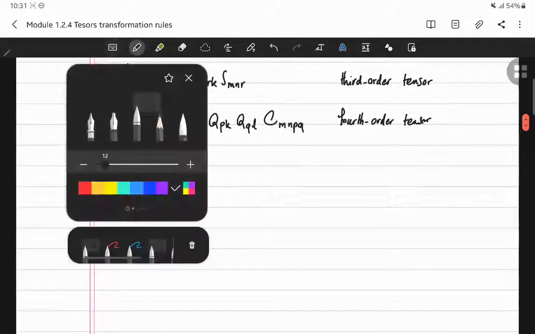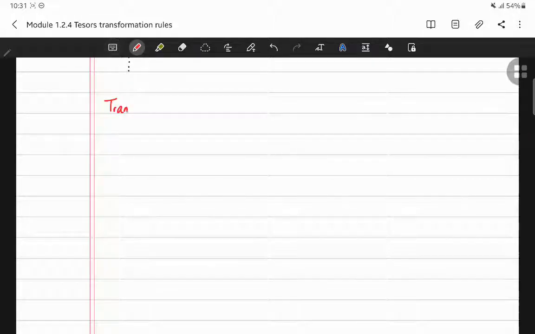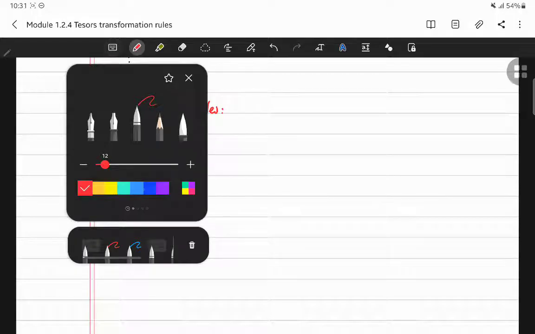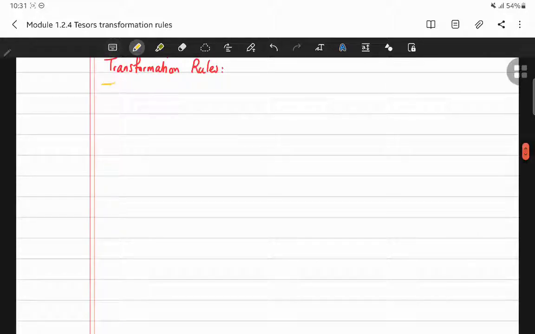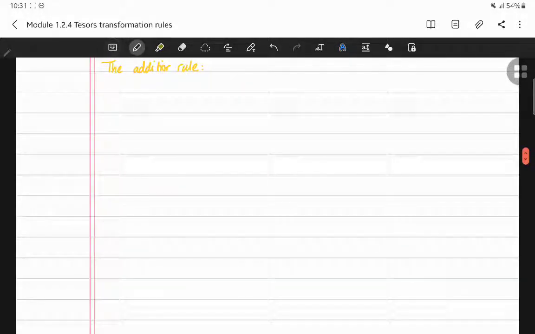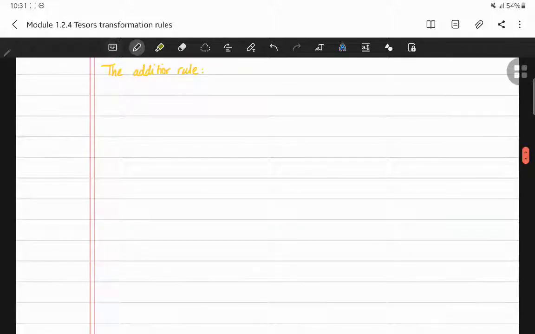So let's get to the transformation rules, and I start with the addition rule. The addition rule says that you can add two tensors which have the same order.